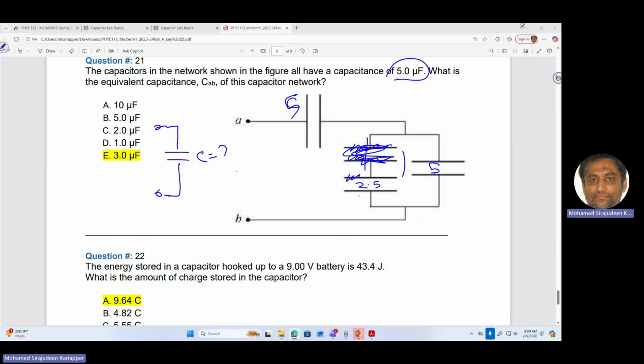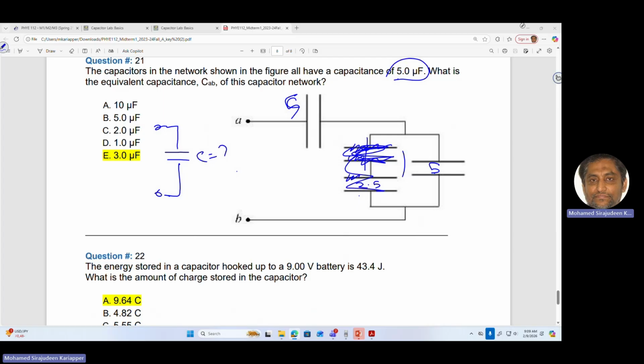Now 2.5 and 5 are in parallel. That is clear. The 2.5 is the equivalent of these two, and I have cancelled one of them. These are in parallel. When you are in parallel, you add them. So 5 plus 2.5 will be 7.5.